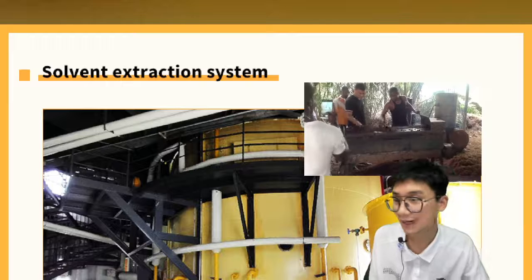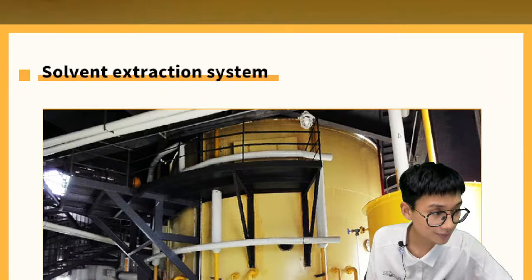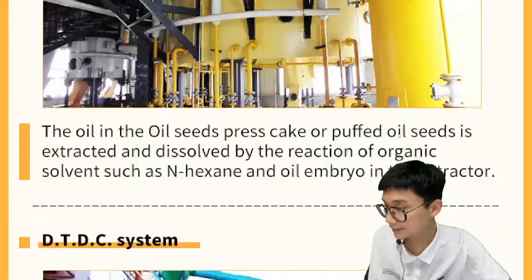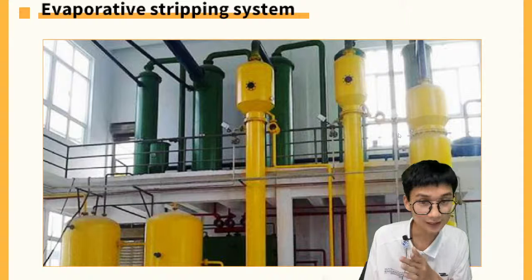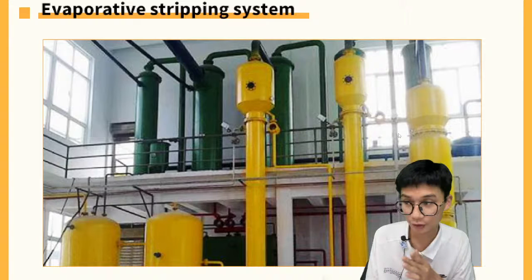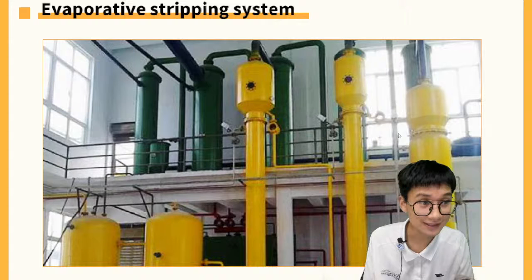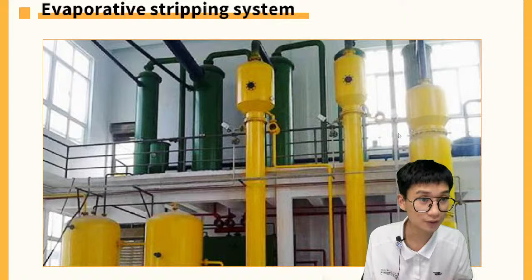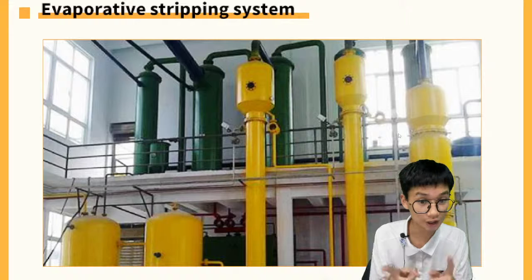Let me show you about the evaporative stripping system. It is this one. This machine is normally used in the solvent extraction way, because first we will spray hexane to extract all of the crude oils. After the solvent extractor, we will get two things. The first one is called the wet meal, which is a combination of oil seeds and the solvent.